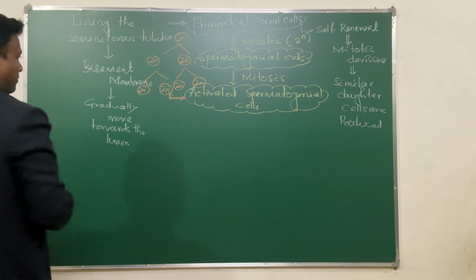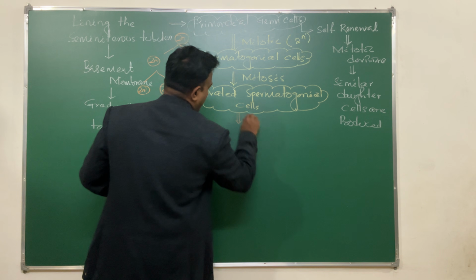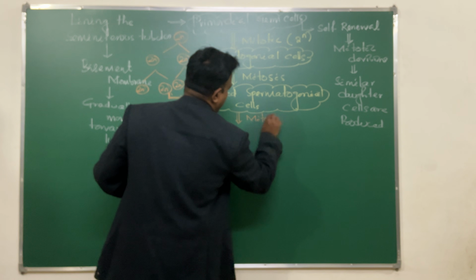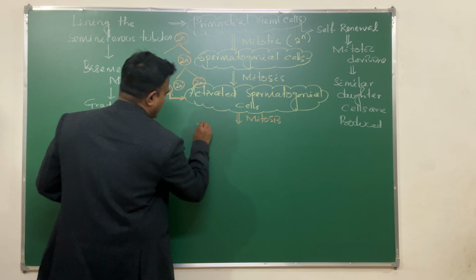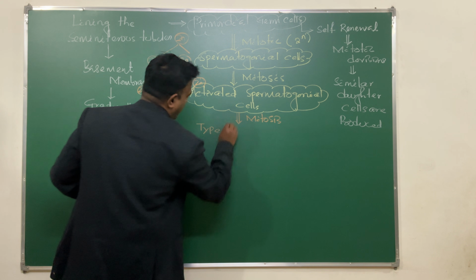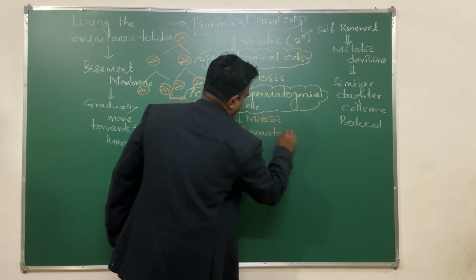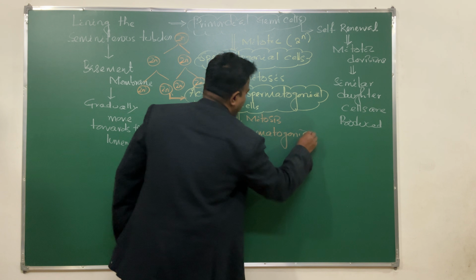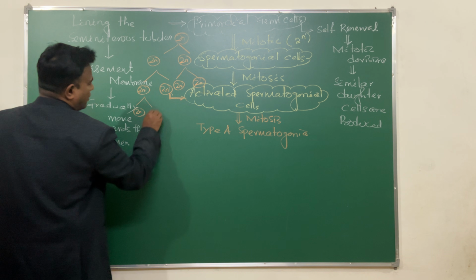These activated spermatogonial cells further undergo division, and the same division occurs, that is mitosis, where they are producing type A spermatogonia. That means you are seeing a series and sequence of divisions which are going on like this.